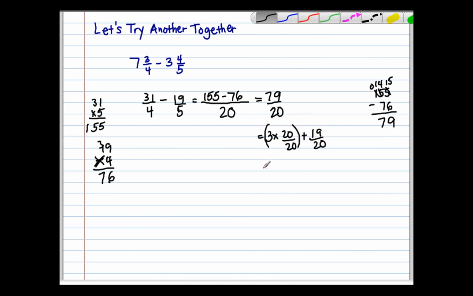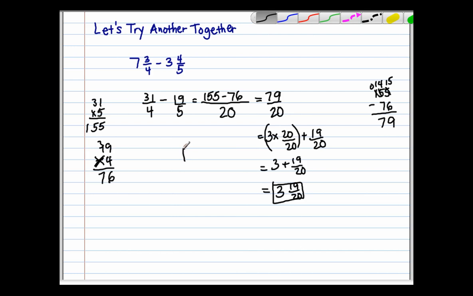So this is going to tell me how many wholes I have, which is 3, and 19 20ths. And the abbreviated form of this is to write 3 and 19 20ths, replacing the addition sign with just the word "and" when you say it. So 3 and 19 20ths is my answer.